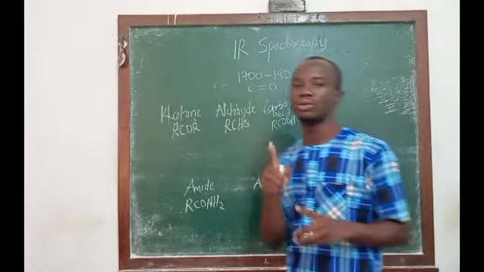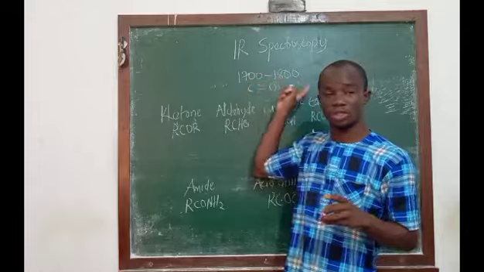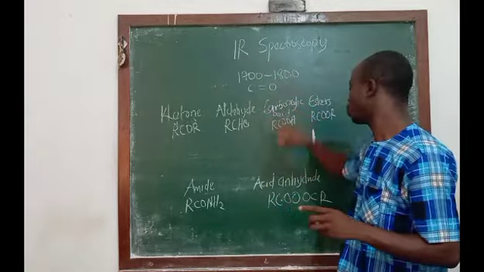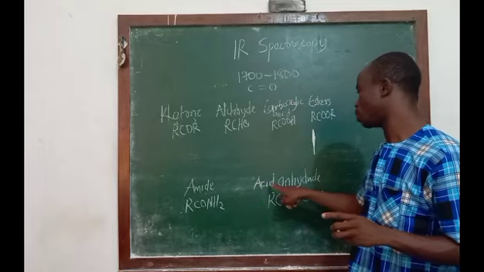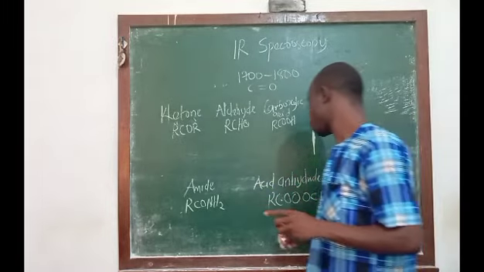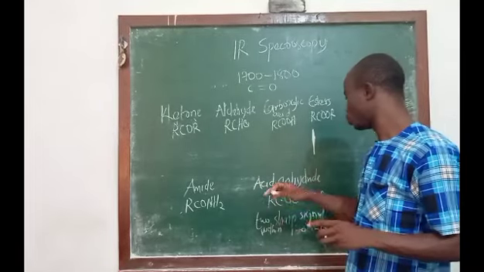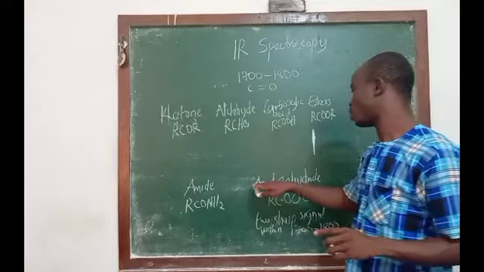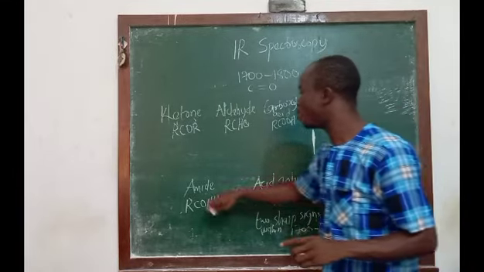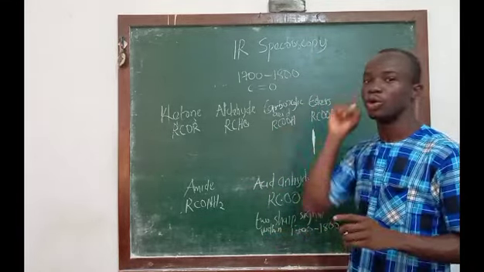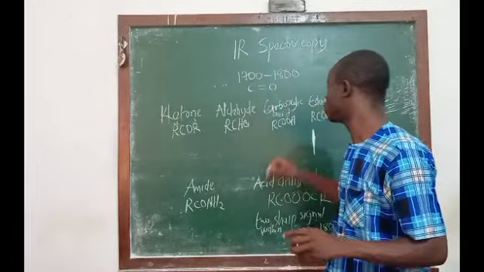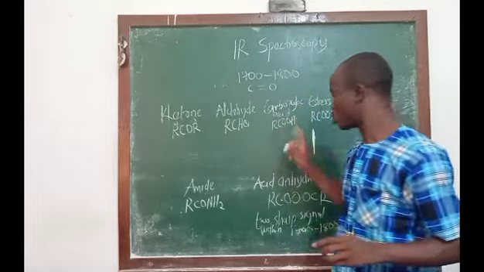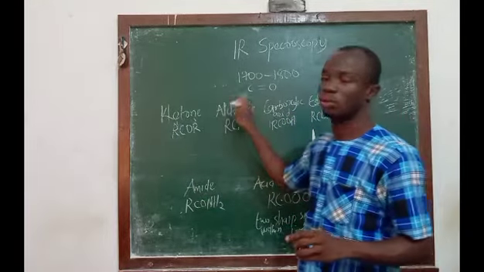So instead of a single sharp signal within this region, you are going to see two sharp signals, which represent the two carbonyl functional groups in the acid anhydride. For every other compound here, you will only have a single sharp signal within this region, because they only contain one carbonyl functional group. So that makes this a bit different from the others.